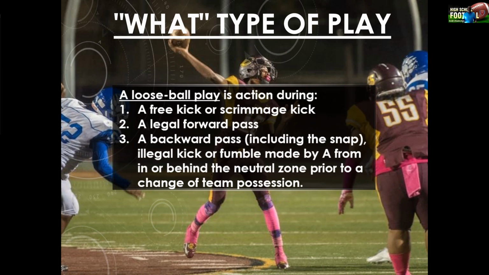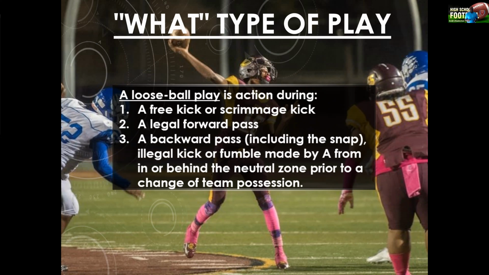Anytime there's a fumble behind the line of scrimmage, or a muff snap, let's say he snapped the ball and he drops it on the ground, a backwards pass that hits the ground, that whole entire play is now considered a loose ball play. And it's very important when you get down to penalty enforcement, because the loose ball play has its own spot of enforcement, right?